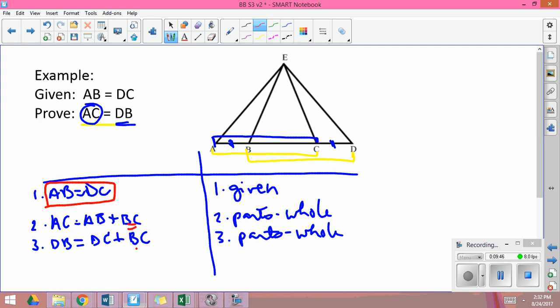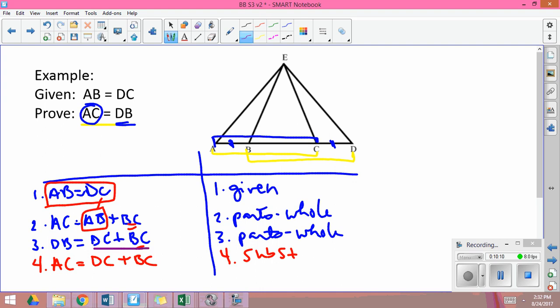I already have the exact same BC part. What would happen if I replaced that AB with DC? That's the only thing I'm going to change. So I have AC equals DC plus BC. Whenever I replace, that's substitution.